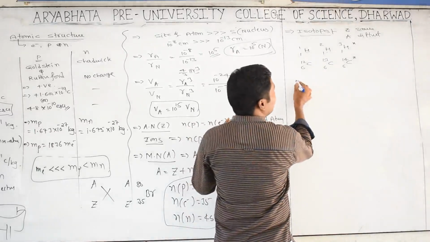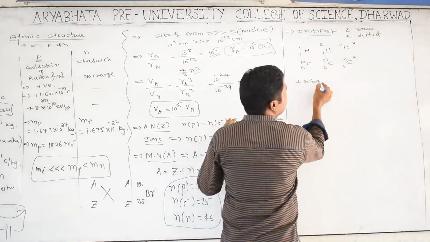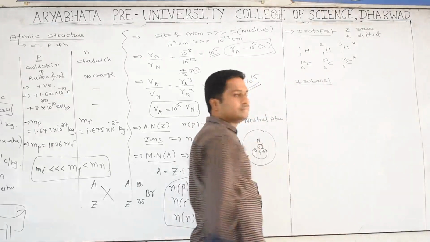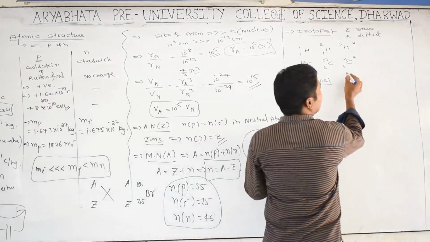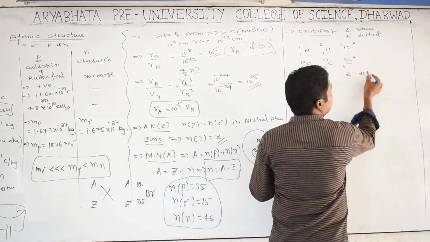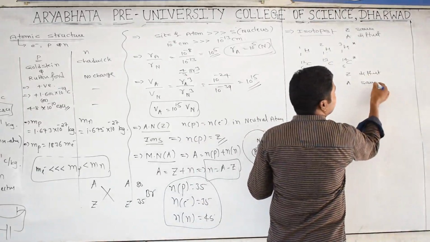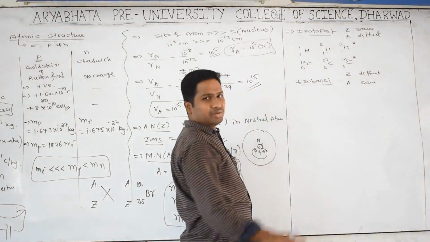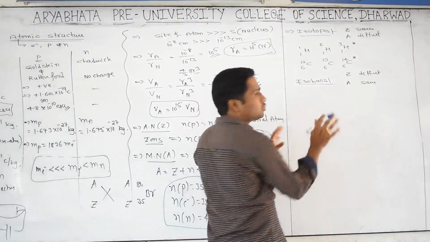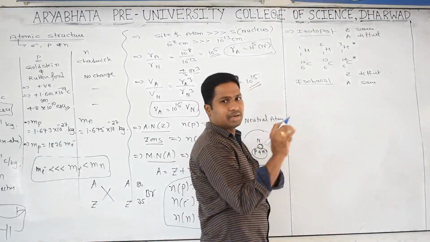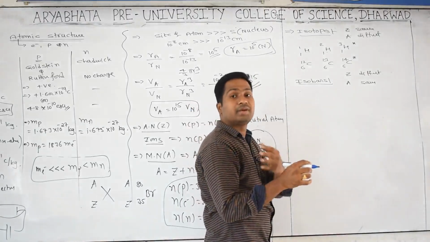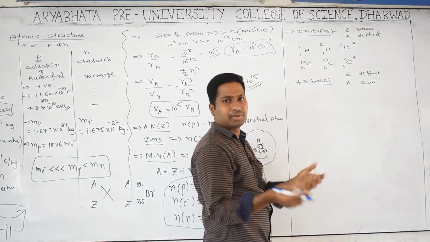You can go for isobars. Isobars means atomic number is different but mass number is the same. Can you give some example? These do not have similar physical and chemical properties, because they are different elements with different atomic numbers.